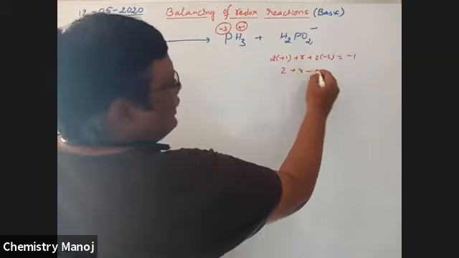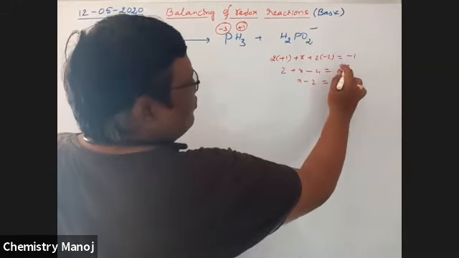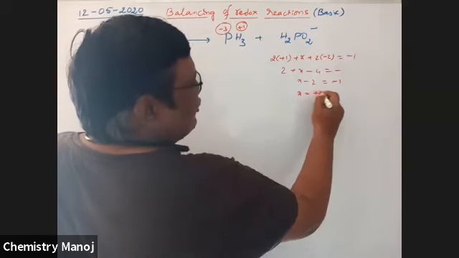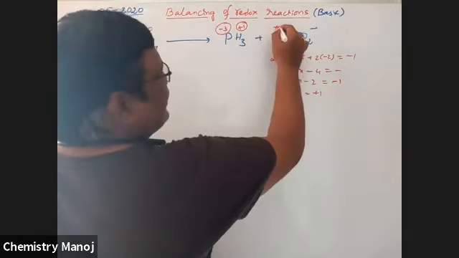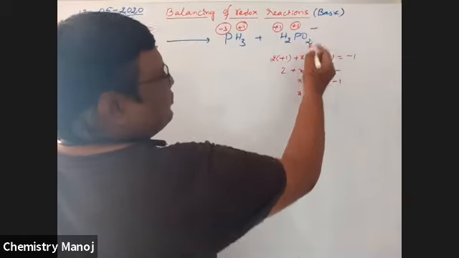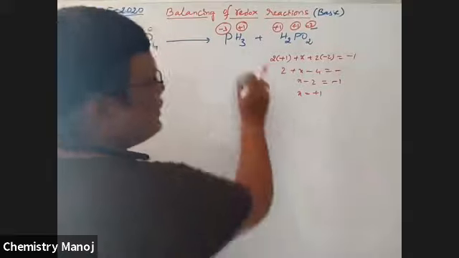So 2 plus x minus 4 is equal to -1, x minus 2 is equal to -1, x is equal to +1. Therefore hydrogen is +1, phosphorus is +1, oxygen is -2.